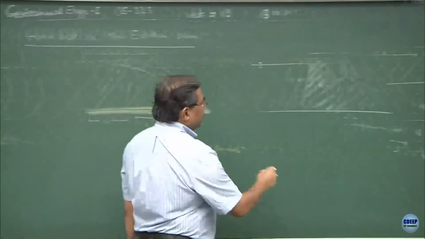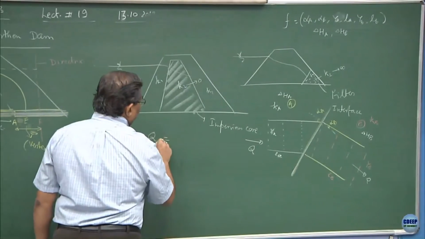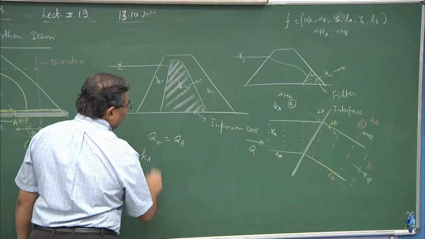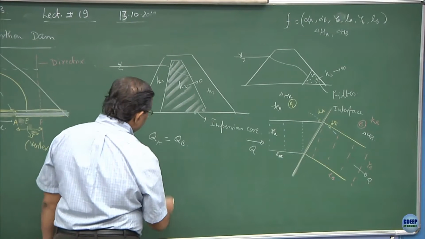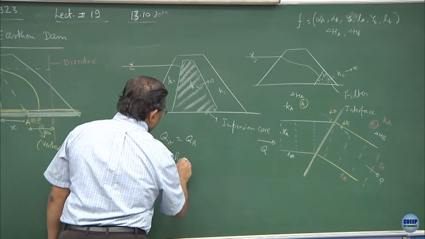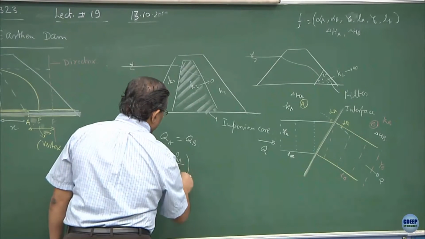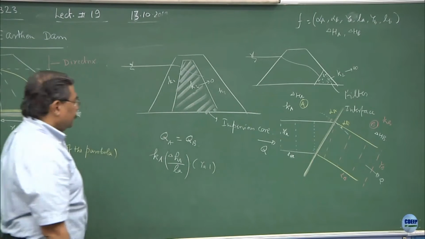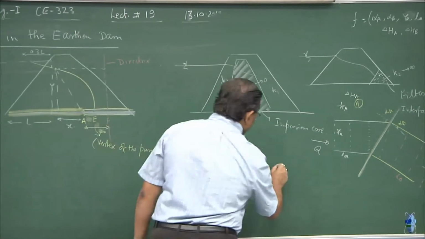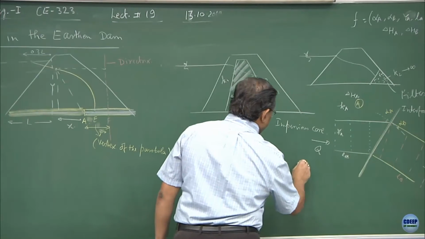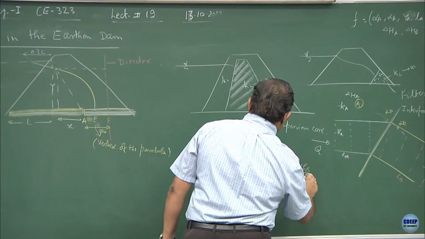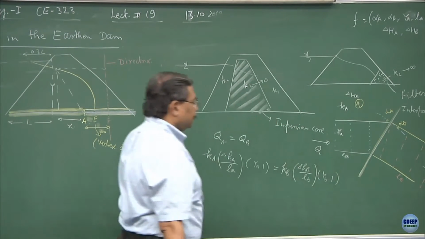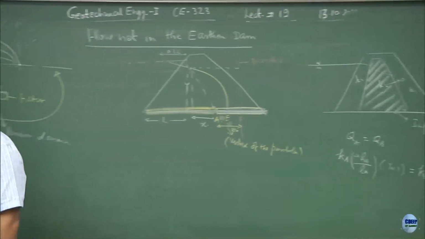So, if discharge remains same, Q A will be equal to Q B, that means this will be K A multiplied by delta H A upon L A into Y A into 1, and this will be equal to K B delta H B upon L B into Y B into 1, fine, continuity equation.